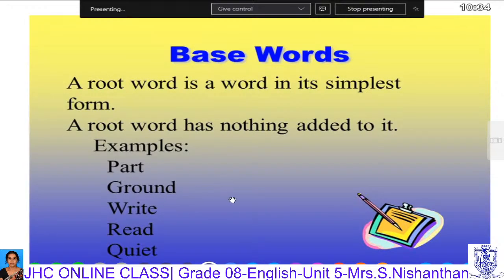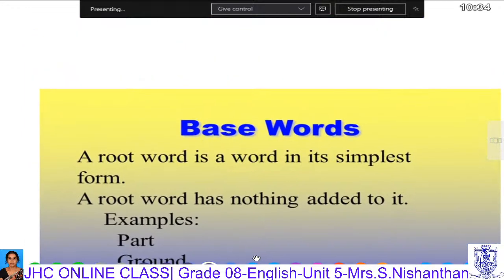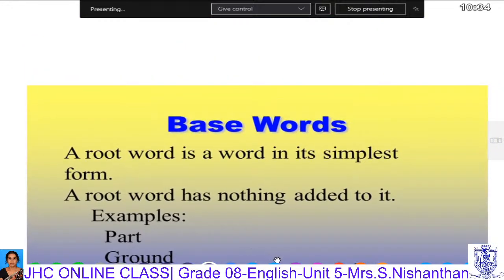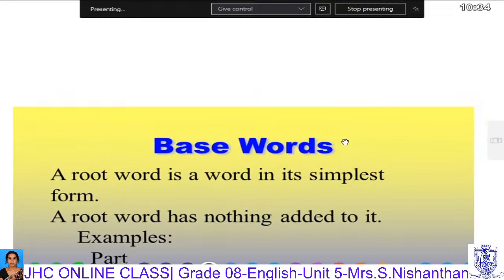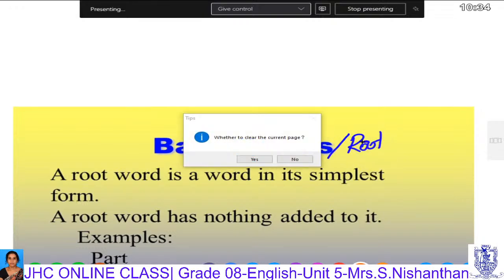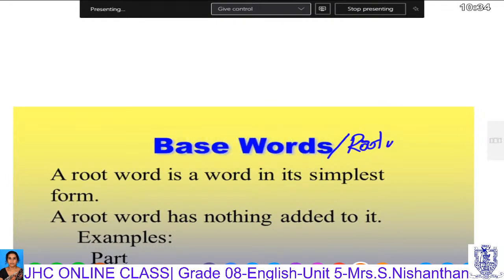What is a base word? A base word can also be called a root word. A root word is a word in its simplest form.